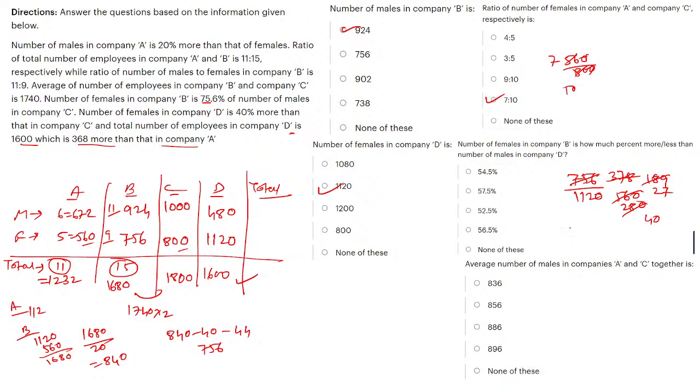Now 20, that is 50%, plus 4, that is 10%, right? Is this okay? Number of females in company B, how much more than number of males in company D, right? Okay.